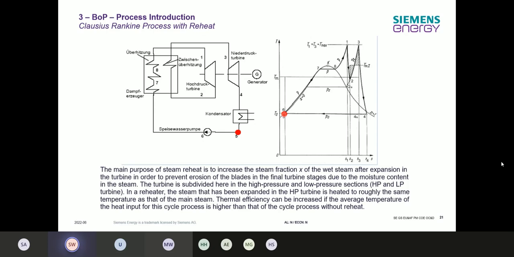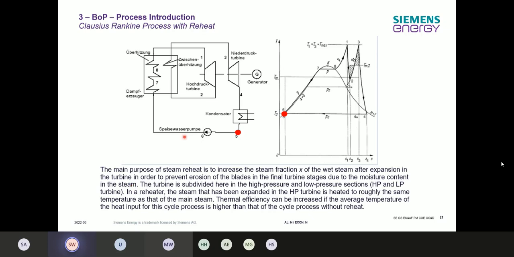The main purpose of the steam reheat is to increase the steam fraction of the wet steam after expansion in the turbine, in order to prevent erosion of the blades in the final turbine stages due to the moisture content in the steam. So that's what we had before.